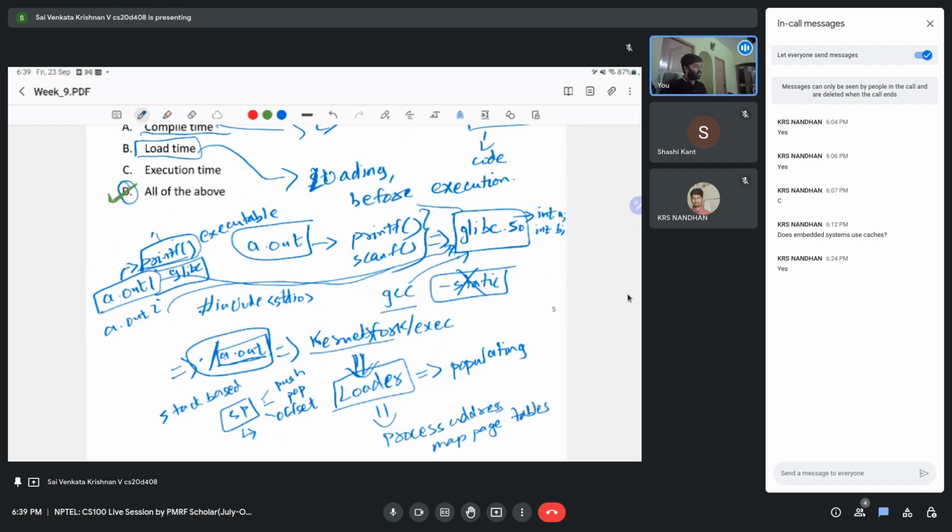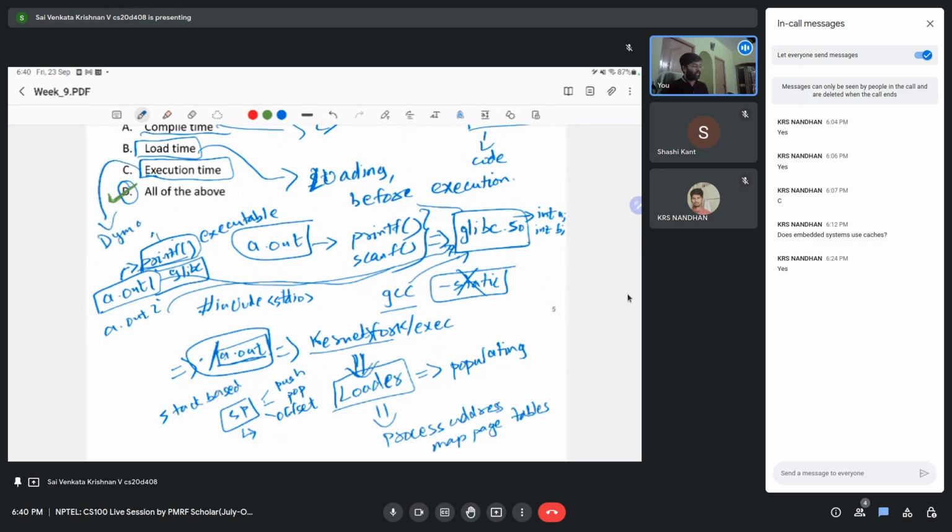So everything the loader has to do is with respect to the process only. At compile time it's the program, and at load time it's the process, right?